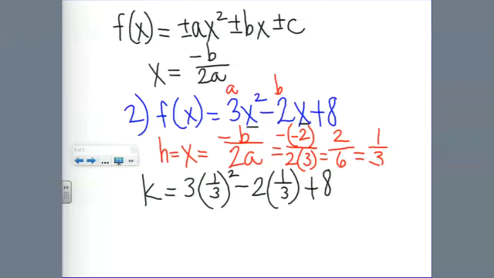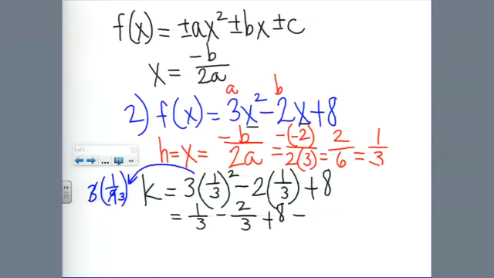Now 1/3 squared is 1/3 times itself, so that will give us 1/9. Now we can simplify the 3 into 9. 3 can go into 9 3 times. So we have here 1/3 minus 2/3 plus 8.